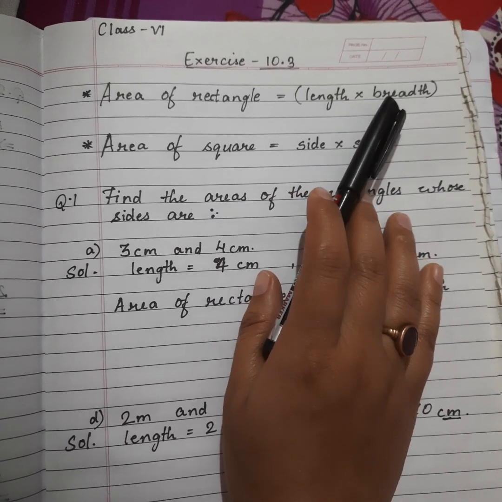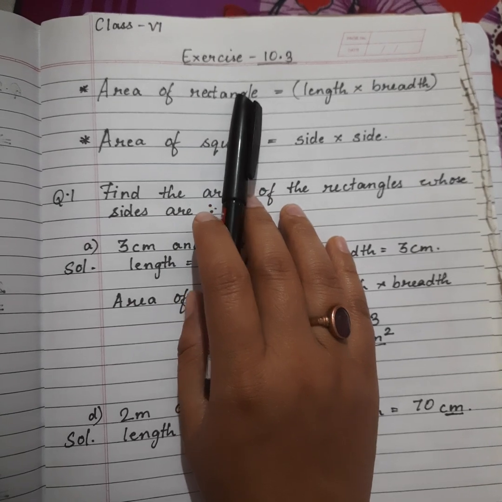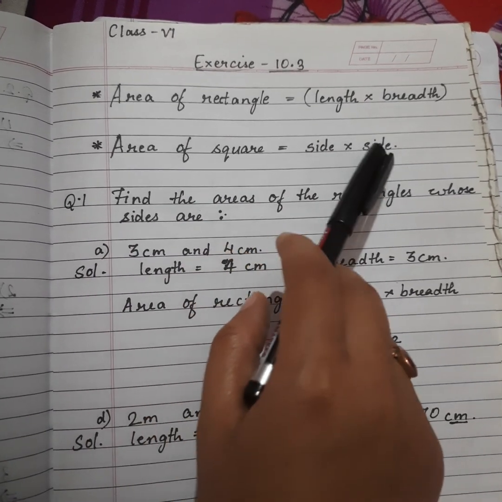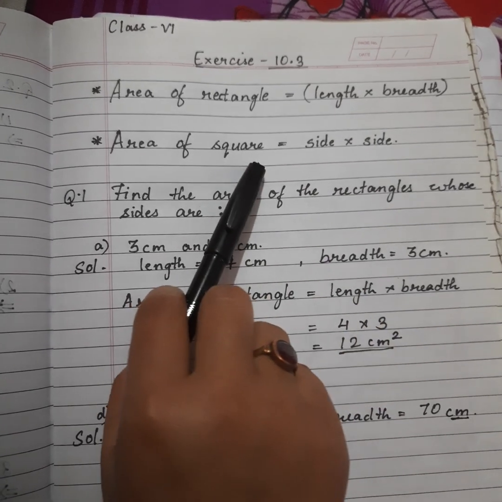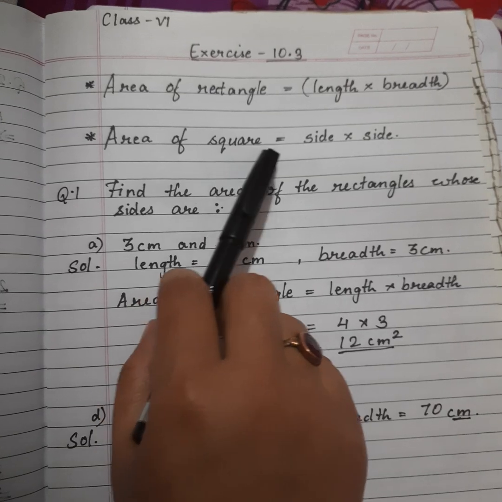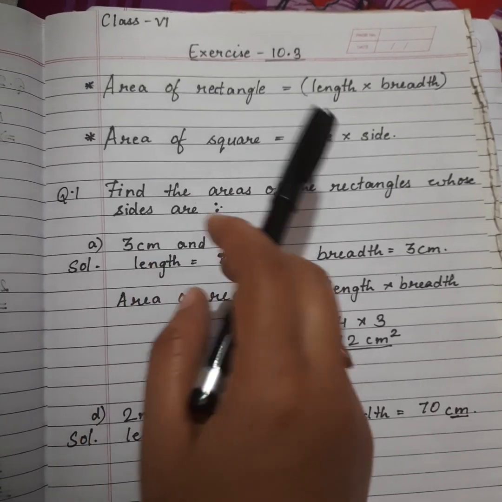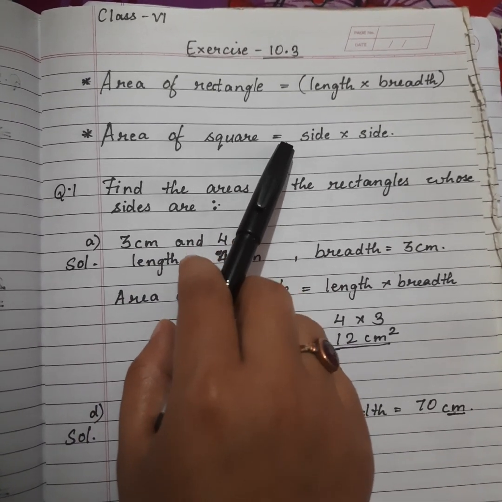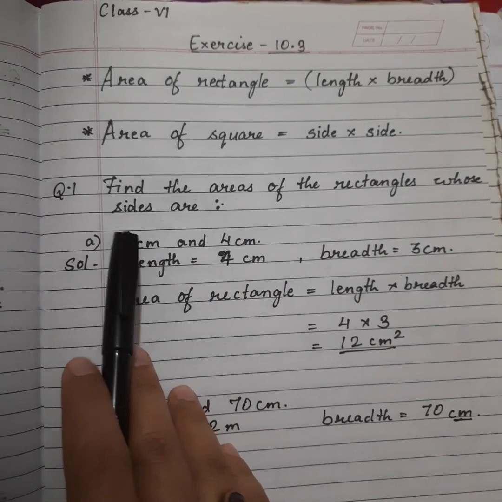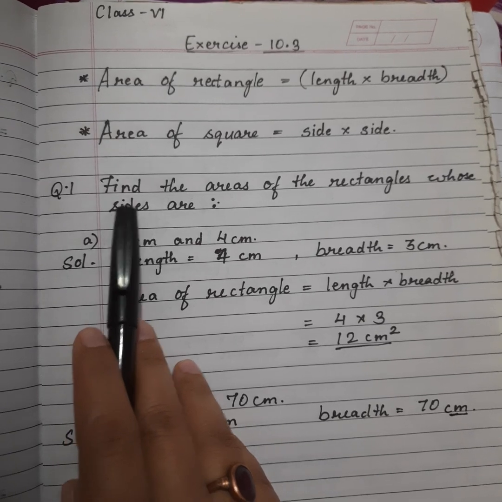So length into breadth is the area of the given rectangle, and area of square is equal to side into side, because we know in a square there is no length, no breadth, all the sides are equal, therefore it is side into side only. Now let's start with question 1 of exercise 10.3.